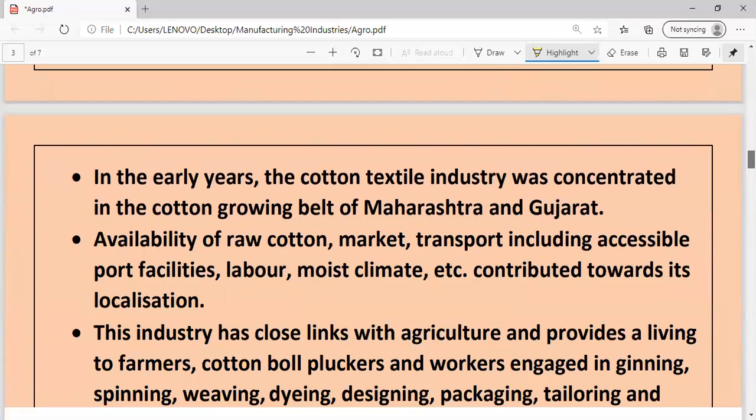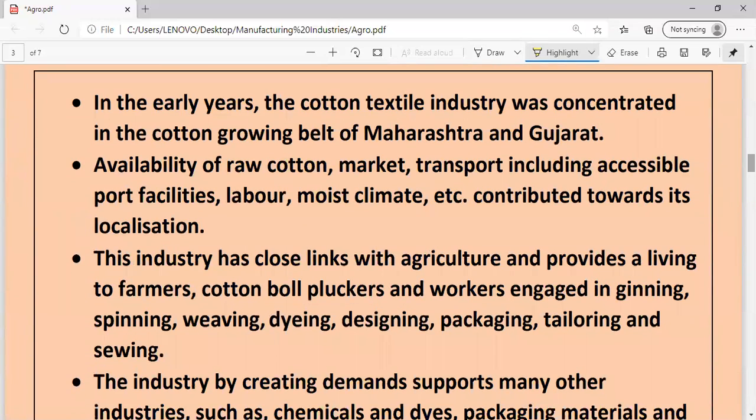Because of that, our industrial sector witnessed growth during the world wars. Now, in the early years, the cotton textile industry was concentrated in the cotton growing belt of Maharashtra and Gujarat. Because of black soil, the cotton plant was growing abundantly, and because of that reason, many cotton mills and the cotton industry were concentrated in these two states.